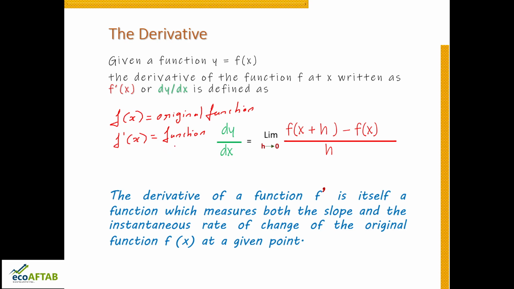But what is this function? This function is telling us about the slope of the original function. So we are deriving the slope from the original function, and the new function is the instantaneous rate of change at a particular point on the curve, also called the slope of the curve at a particular point. That is what a derivative is.